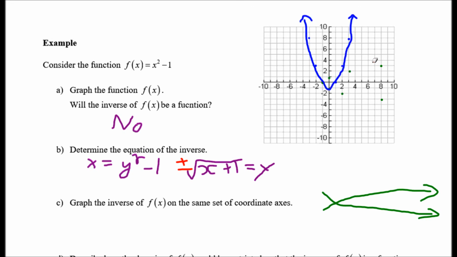Could you argue, no, I'm actually going to say x greater than or equal to 0? No problem, go for it. That'll work too. Could you actually kill more than half the graph? Of course you can. If I said x greater than or equal to 1, that would work.